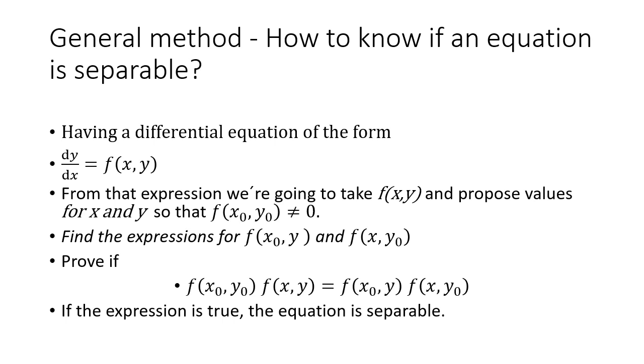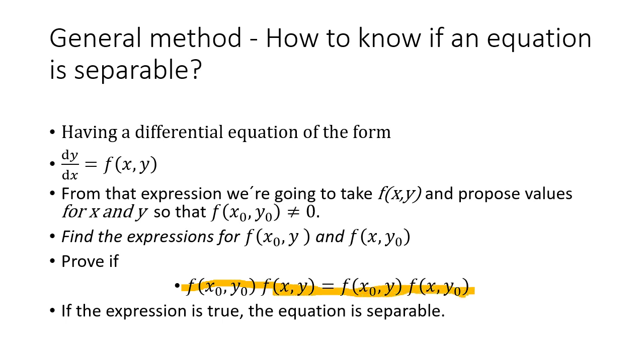Now we calculate the value f of x0, y0 and save the value. Then we will need to find the expressions for f of x0, y and f of x, y0 and prove if this expression right here is true or not.